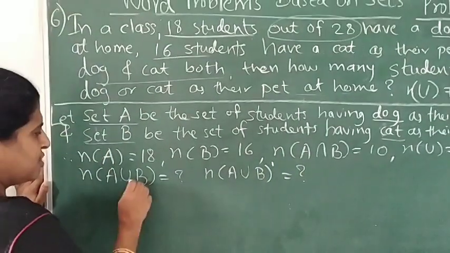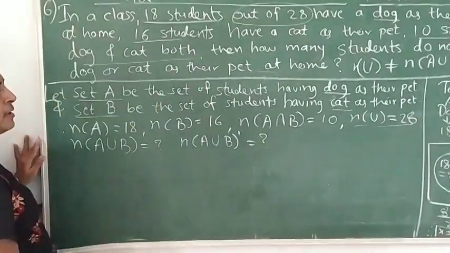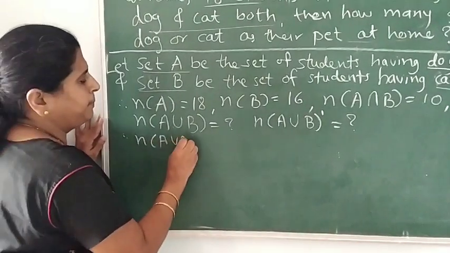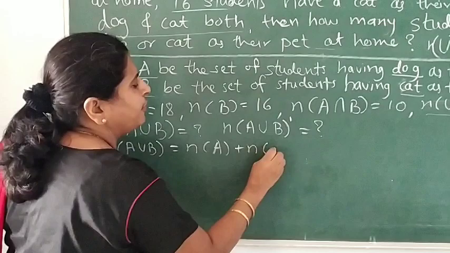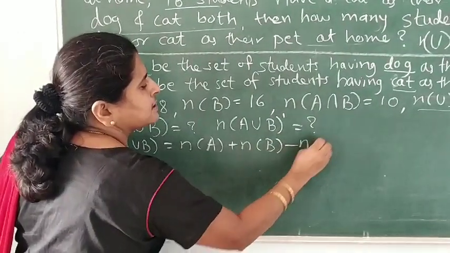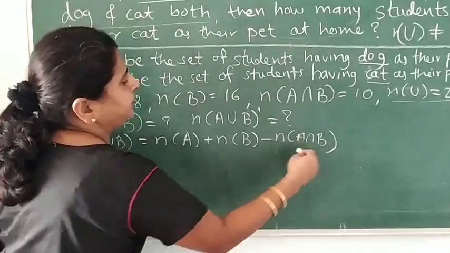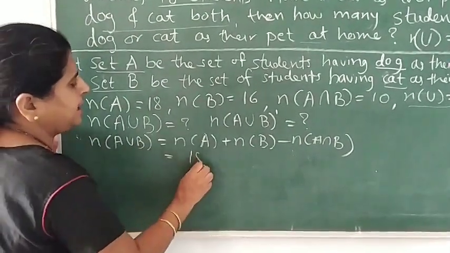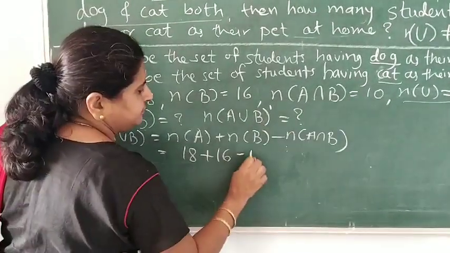So this together will become the number of elements in set U. With the help of the formula, the number of elements in A union B is equal to the number of elements in set A plus the number of elements in set B minus the number of elements in set A intersection B. To find this number, the elements of A is 18 plus this 16 minus 10.